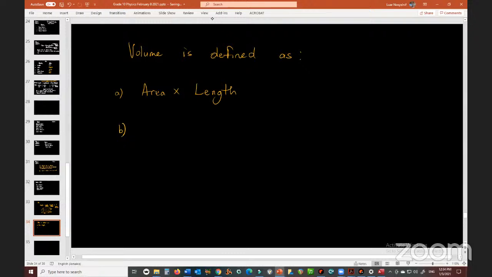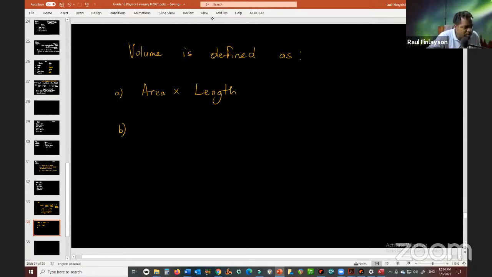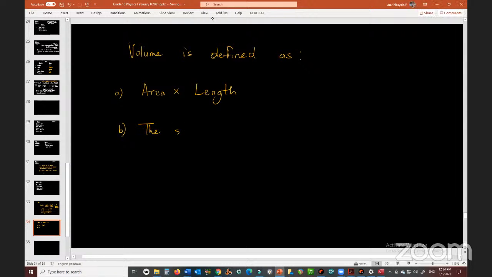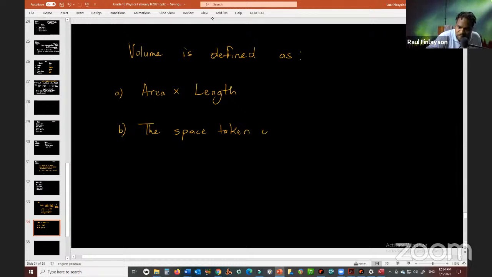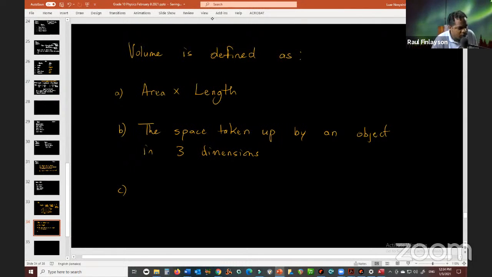All right. You can also say that it is the space taken up by an object in 3 dimensions. The space taken up by an object in 3 dimensions.